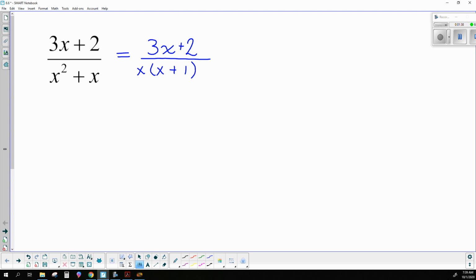This is our first clue, because you got to remember, if I've added two fractions, at some point in time, those fractions got a common denominator. So looking at that denominator, it looks like I could have added two separate fractions. One probably had an x on the bottom, and one probably had an x plus 1. And then when I multiply them together to get a common denominator, I end up with what's on the left.